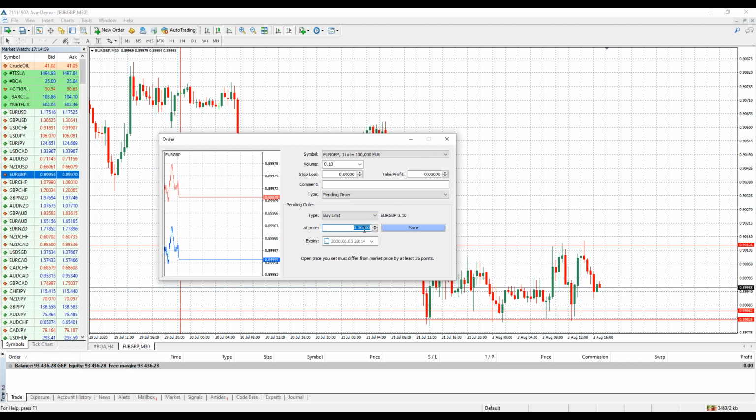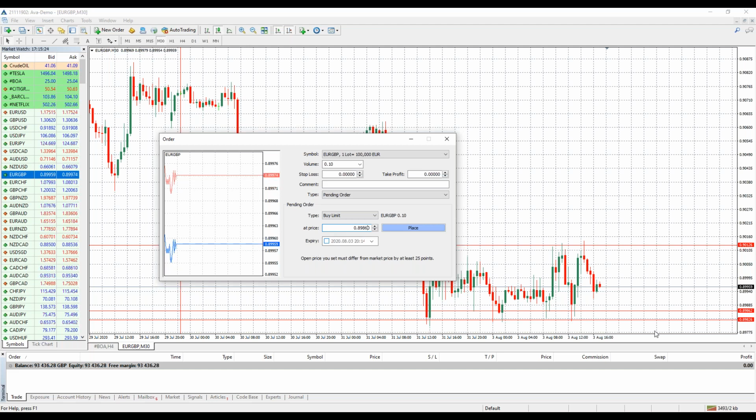This decision is fundamentally driven, but with a technical entry point that maybe is more picky. We're not just going to buy right now necessarily. You maybe pick your spot. So I drew just above that support, maybe at 0.8986.